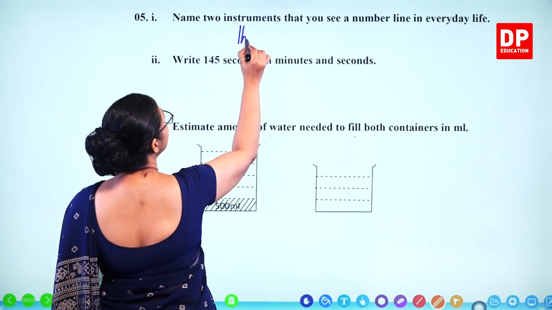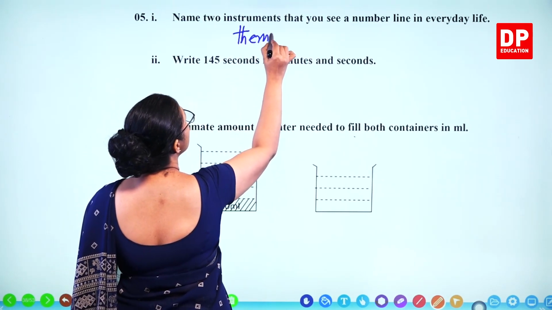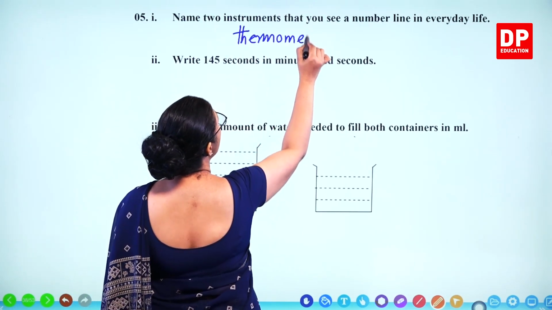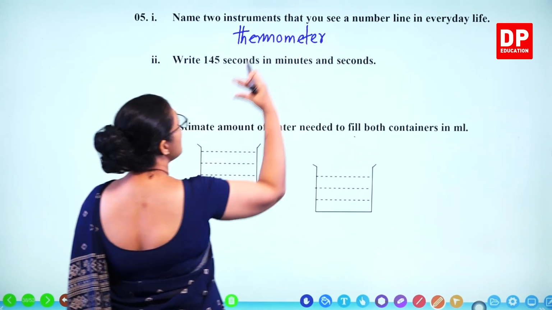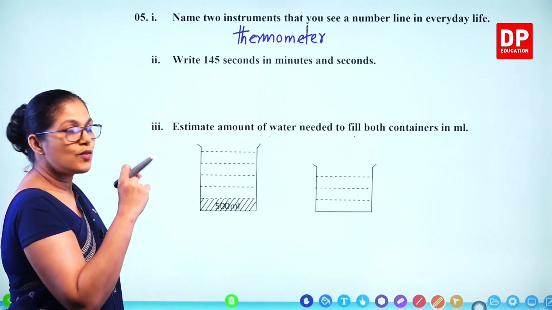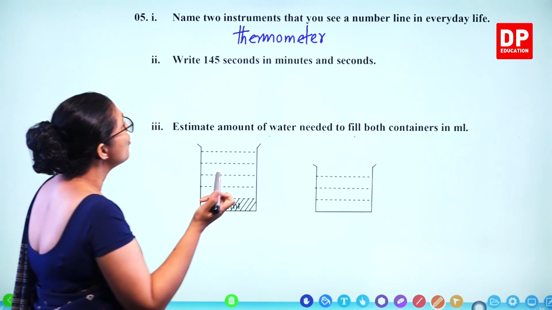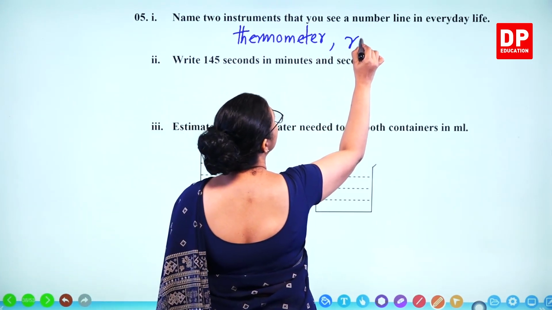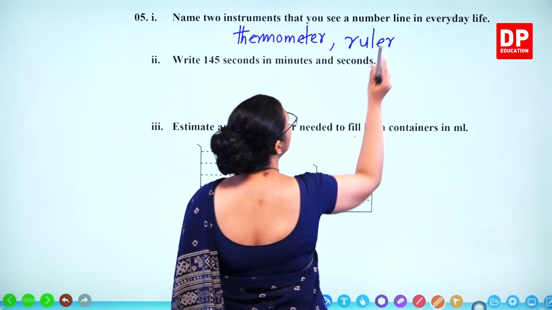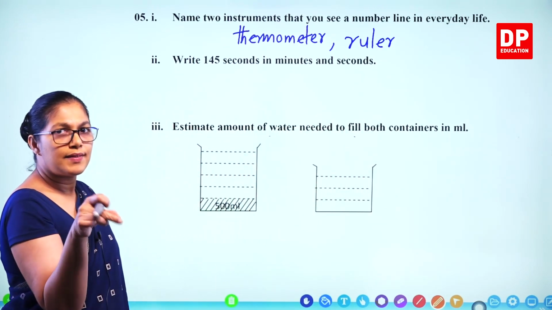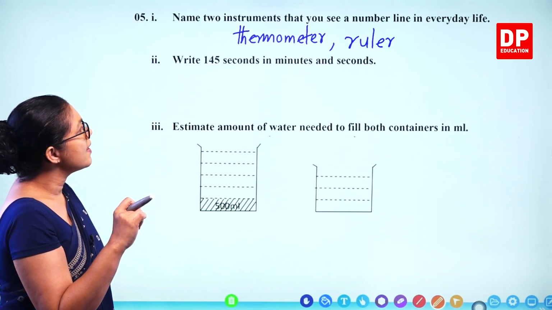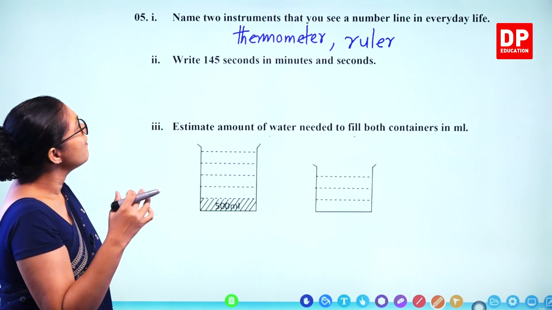Thermometer. On a thermometer you get numbers with Celsius degrees. Ruler. You get the scale. Numbers are there. So what else? You can write any 2.